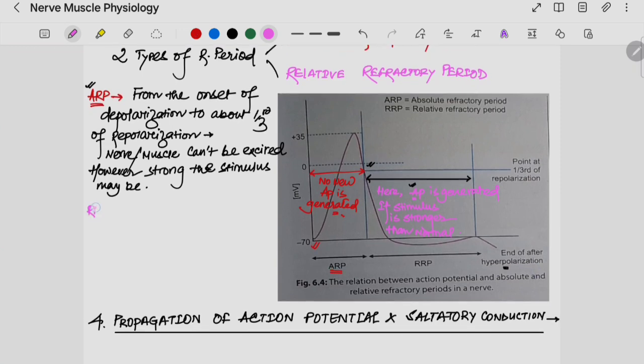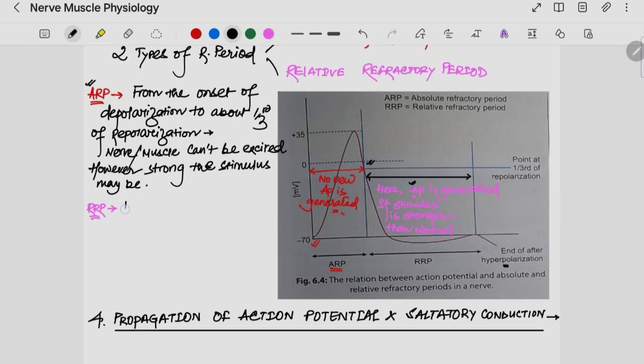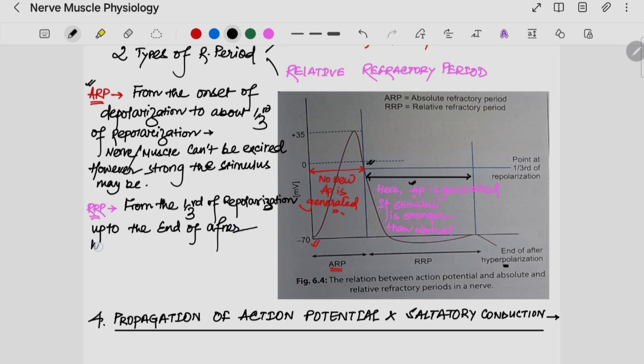So relative refractory period, from the 1/3 of repolarization up to the end of after hyperpolarization, the excitable tissue can be excited only by a stronger than normal stimulus.